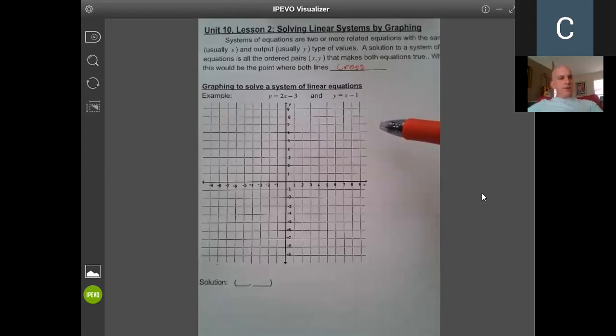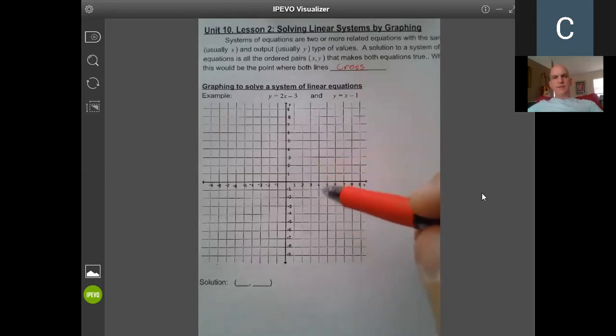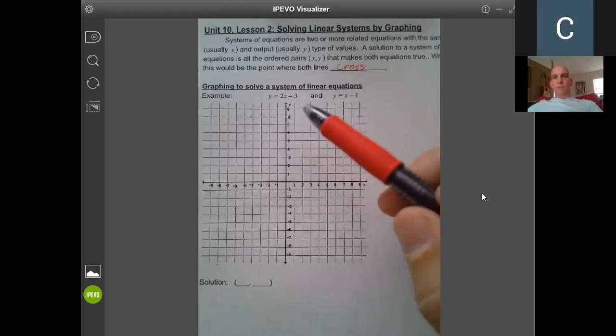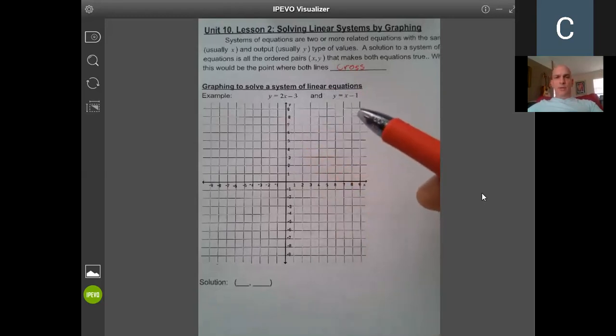That's why we talked about in the last unit how to change standard form into slope-intercept, because slope-intercept is a much more accurate, repeatable process for graphing a line than standard form. With standard form, we only get 2 points. With slope-intercept, we can get an infinite amount of points using slope.